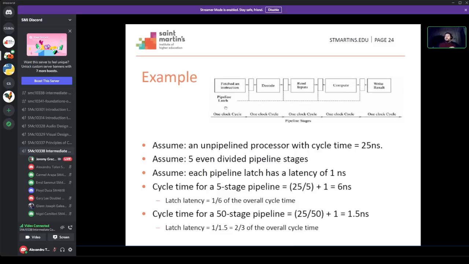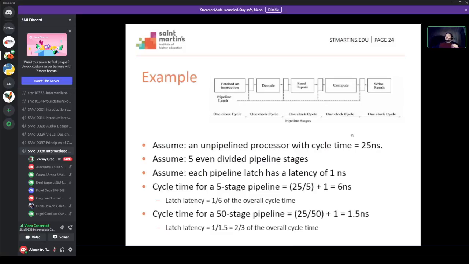Between one process and the next, there's always going to be this pipeline latch. So if we take 25 nanoseconds and evenly divide them up for each clock cycle, then essentially we're saying that each stage is going to take 5 nanoseconds to compute.